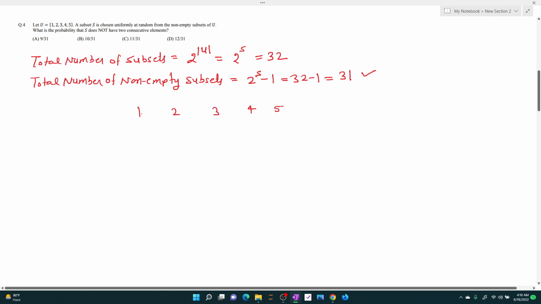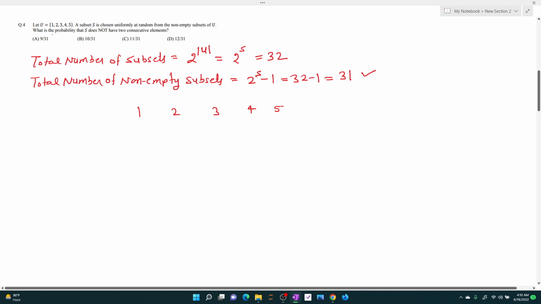The point here is if it contains 1, it cannot contain 2, it can contain 3, it can contain 4, as well as it can contain 5, right? So the only restriction is it is not allowed to have two consecutive elements.